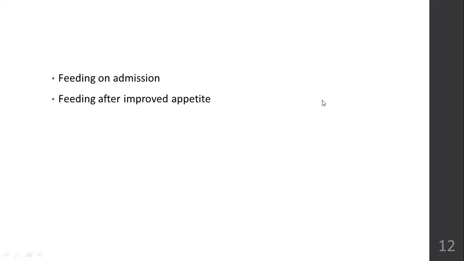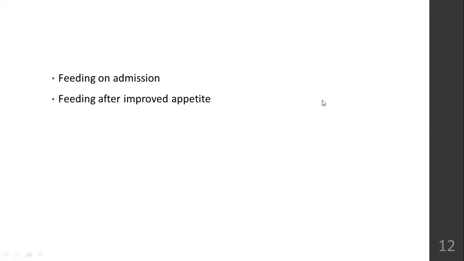Feeding after improved appetite: slowly, at a very controlled pace, the quantity of the feed will be increased. In the textbook, when you read, you will get that. It is usually for the practitioners.